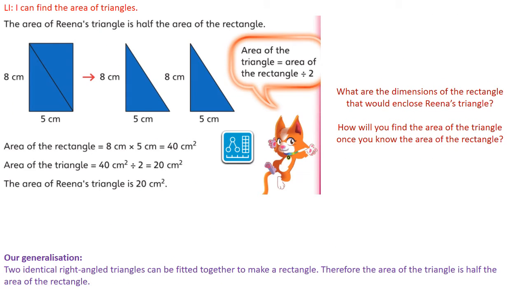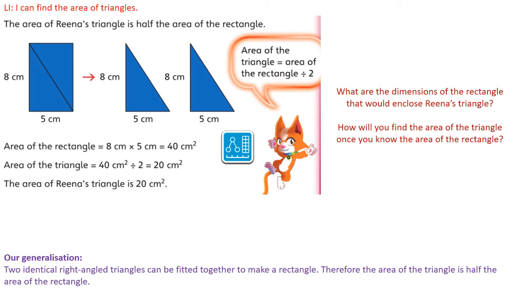Let's just go through that once more. Okay, so we know we can turn Rena's triangle into a rectangle, and two identical triangles make up that rectangle. We know that one side is 8 centimetres and the other side is 5 centimetres. So if I times those together, that gives me 40 centimetres squared, but that is for the whole rectangle.